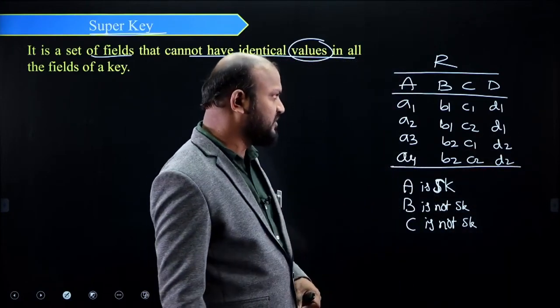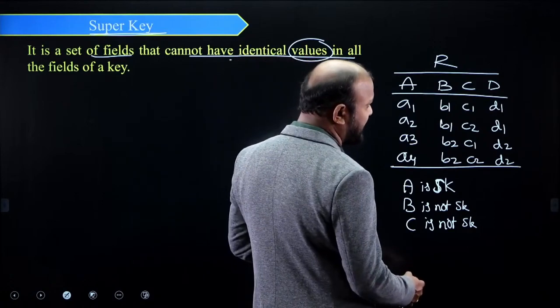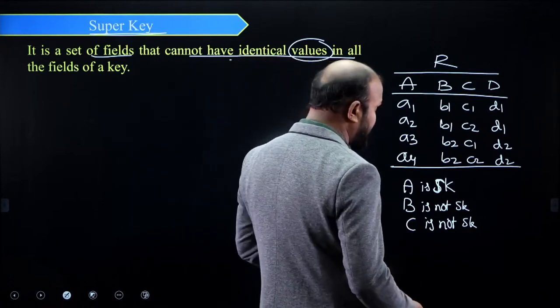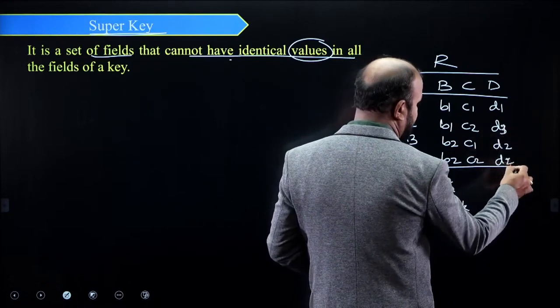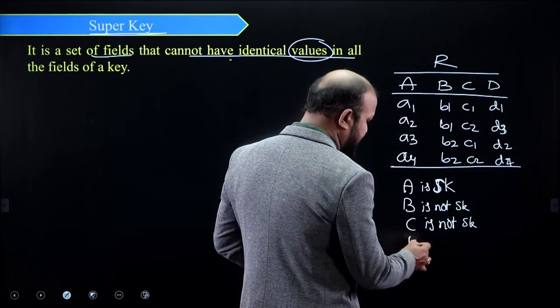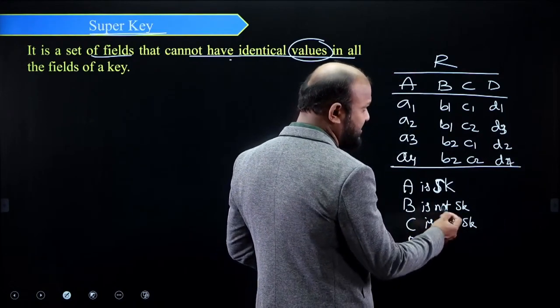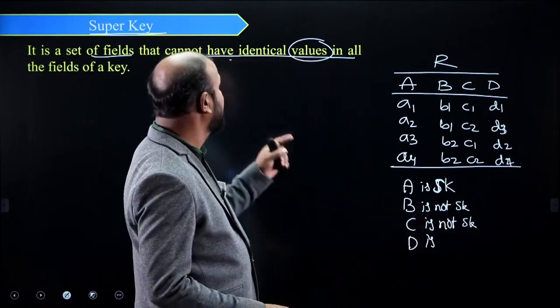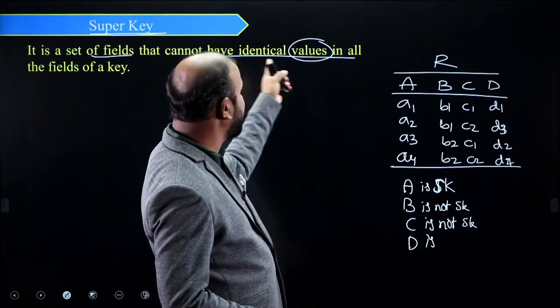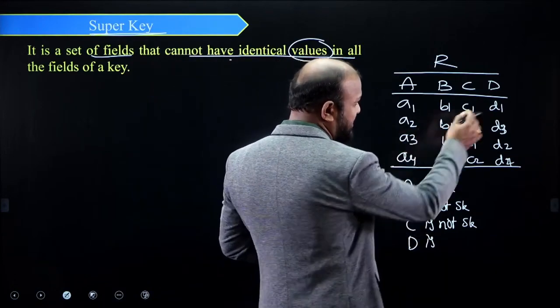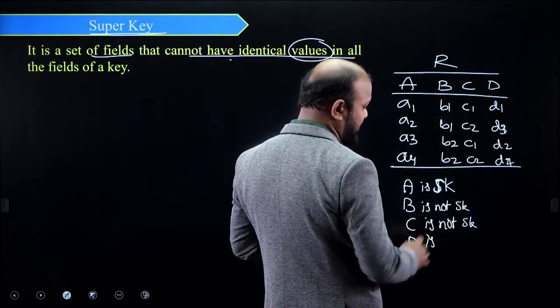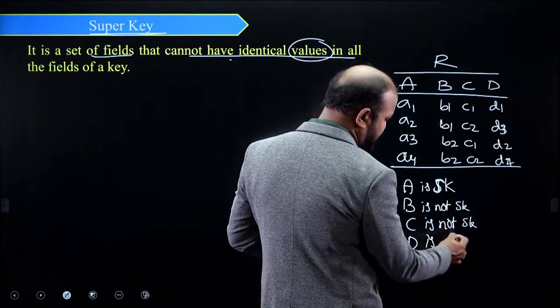Can I say D is a super key? No. Suppose I make it D1, D2, D3, D4. Can I call D a super key? Yes, because no duplicates means all are having unique values, no identical values in all the tuples. Because in all the tuples for D there are different values. D is called super key.